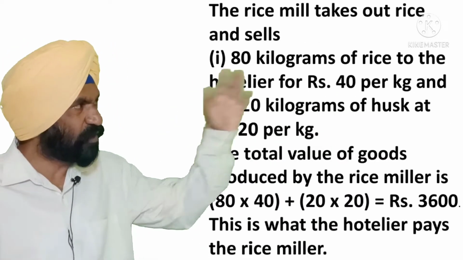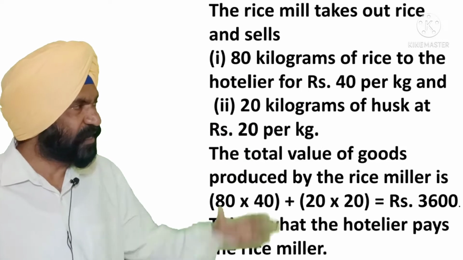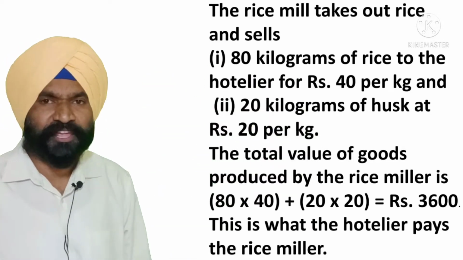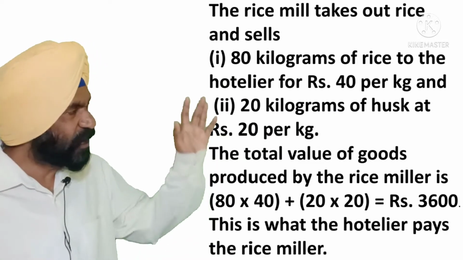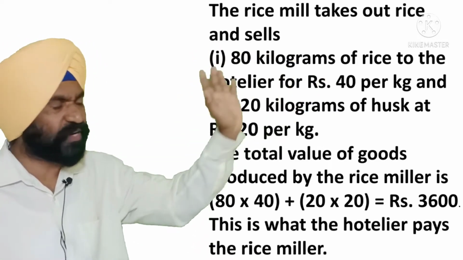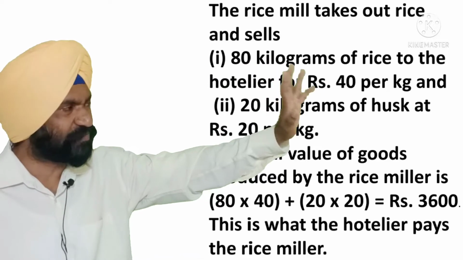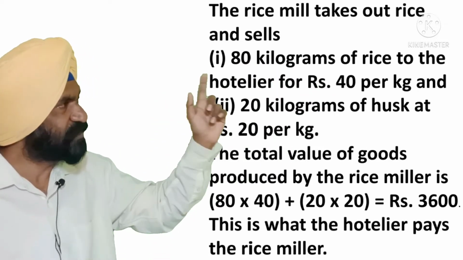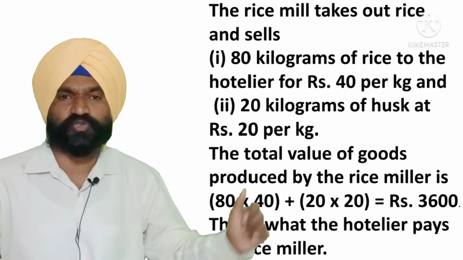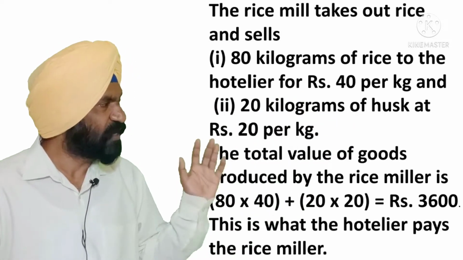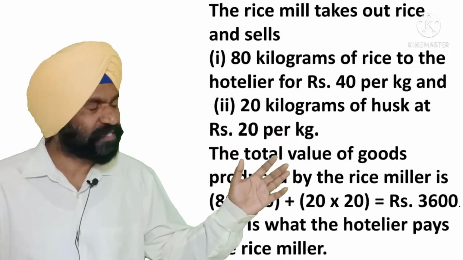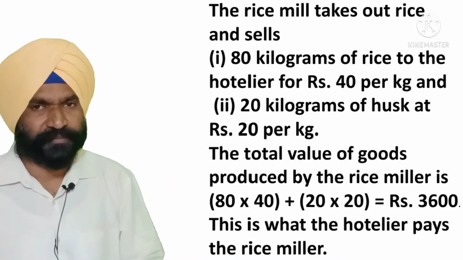The rice mill owner, after purchasing 100 kilograms of paddy, takes out rice from it and sells it. He gets 80 kilograms of rice and 20 kilograms of husk after cleaning it. He sells 80 kilograms of rice to the hotelier for 40 rupees per kg and 20 kilograms of husk at 20 rupees per kg.